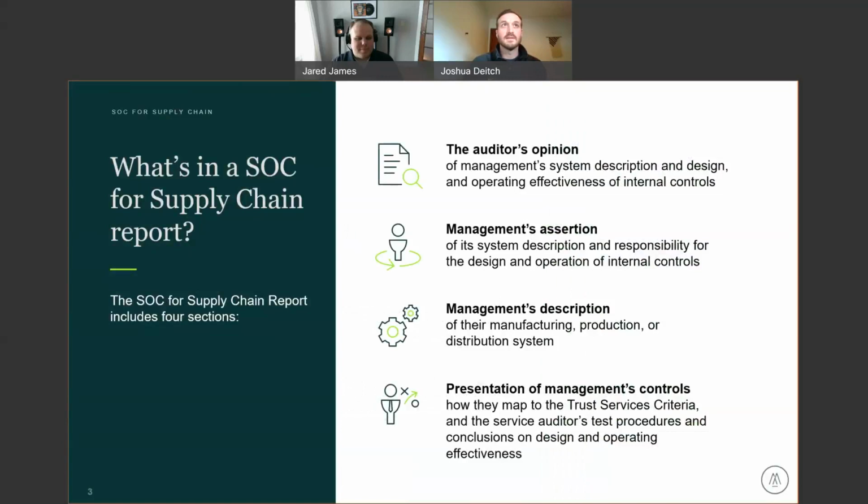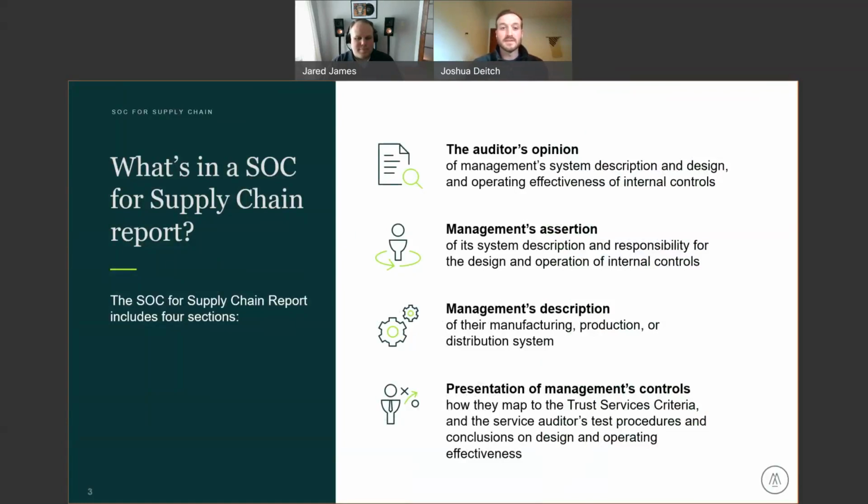The layout of the SOC for supply chain report is broken into 4 sections, the first one being the auditor's opinion. The auditor's opinion would be of management's system description and design, and the operational effectiveness of the internal controls scoped into the report.